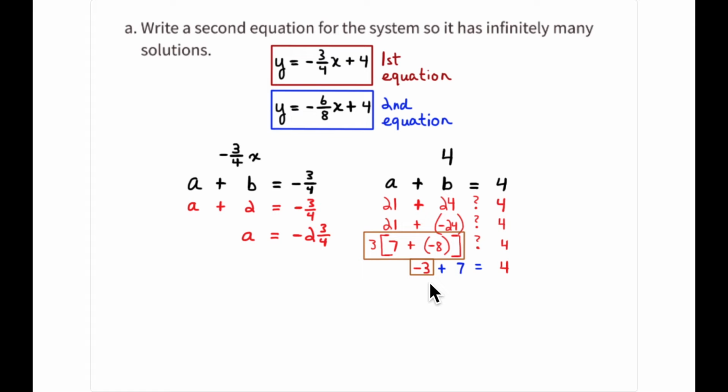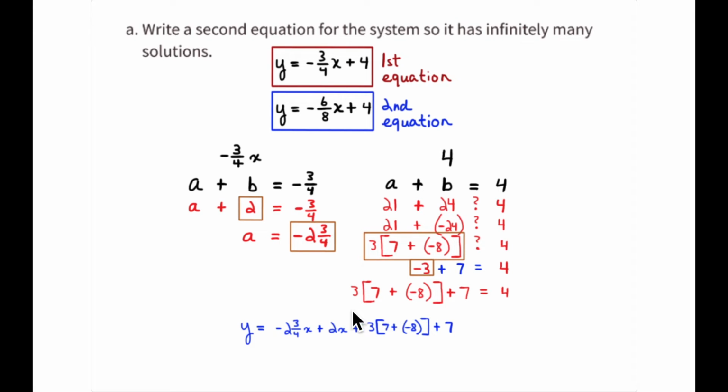All right, so now I can use this expression right here. I have to add the 7 to it, and I can use these two expressions over here. So I can use the 2, I can use the negative 2 3/4. I can use the 3 times 7 plus a negative 8. And I have to add, remember, I have to add the 7 to that, because this right here is equal to negative 3, so I have to add this 7.